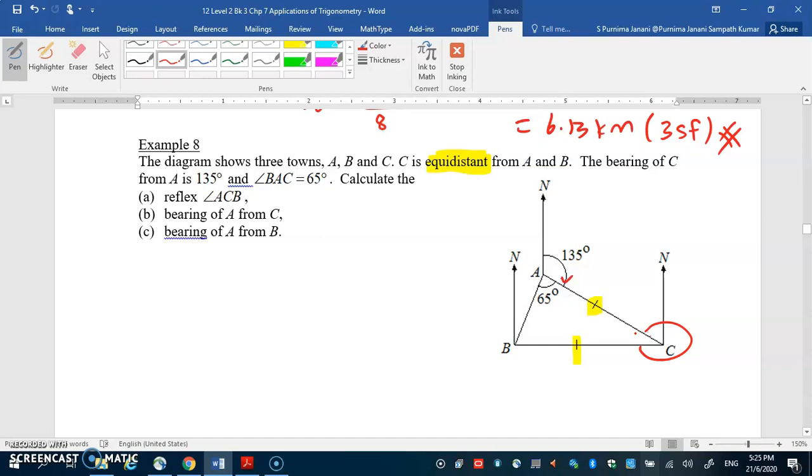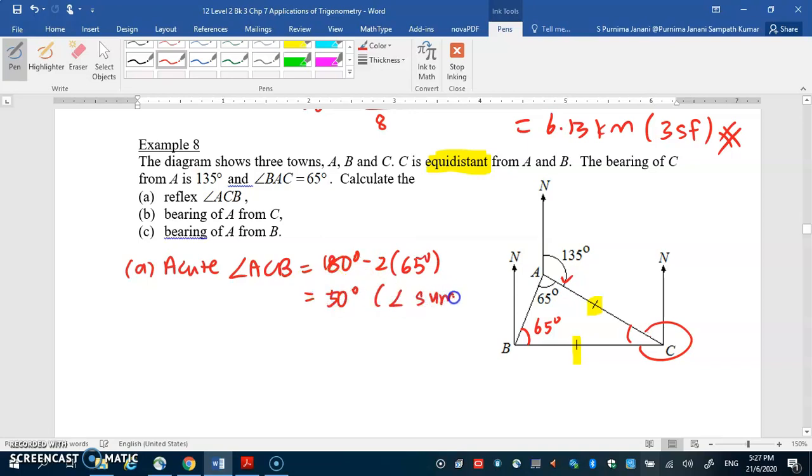Okay, how do I find that? Now I know that this is an isosceles triangle ACB. So if this is 65 degrees, this angle is also 65 degrees. Hence, I want to find the acute angle ACB first, which is basically 180 minus 2 times 65, because it's an isosceles triangle, and I'll get 50 degrees.